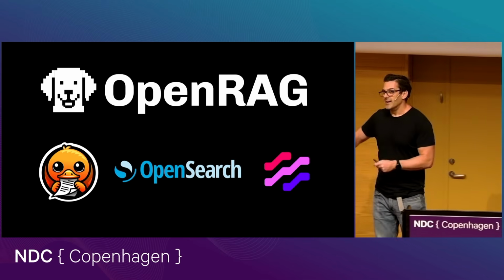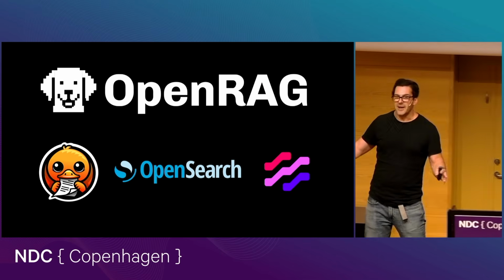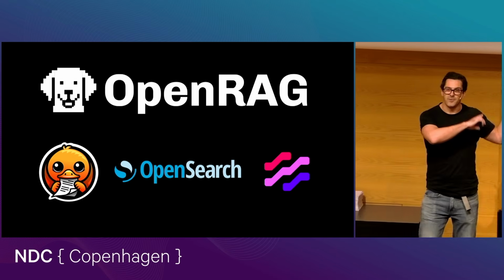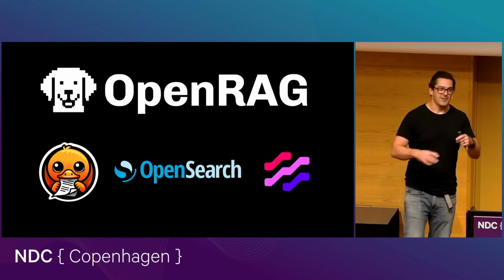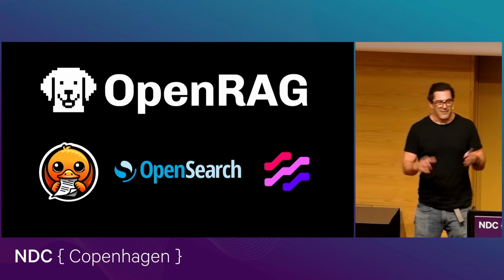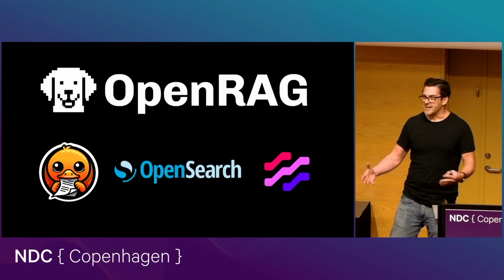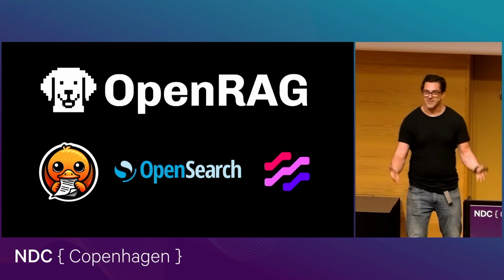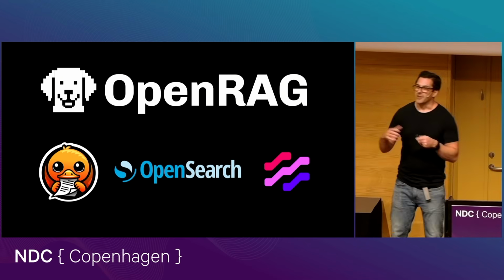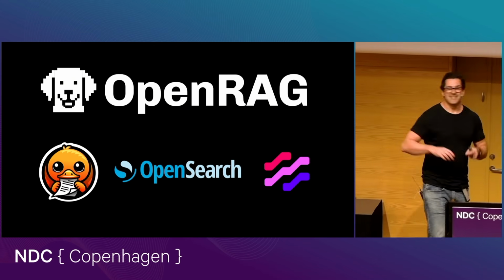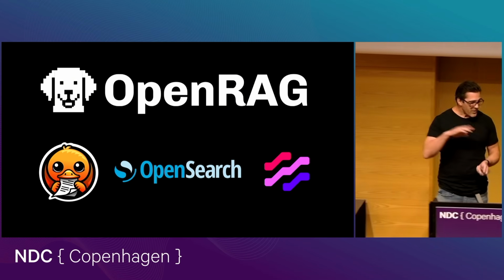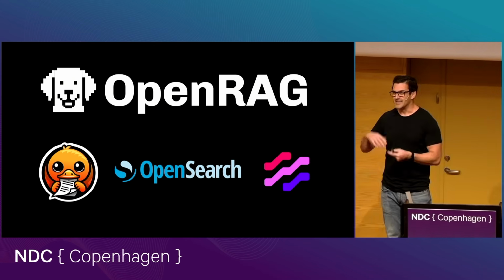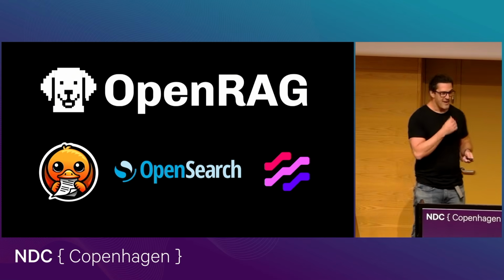And then Langflow. Langflow is an open source drag and drop editor for AI flows, and Langflow allows OpenRAG to be customizable, because like RAG applications, I don't think anybody has the same needs out of a RAG application. They don't have the same data, they don't have the same users, and so being able to customize how that works is really cool. As I said, all of this is open source. You'll see a bit more of it later because since I work on it, I'm going to use it as part of the example for what we're showing.